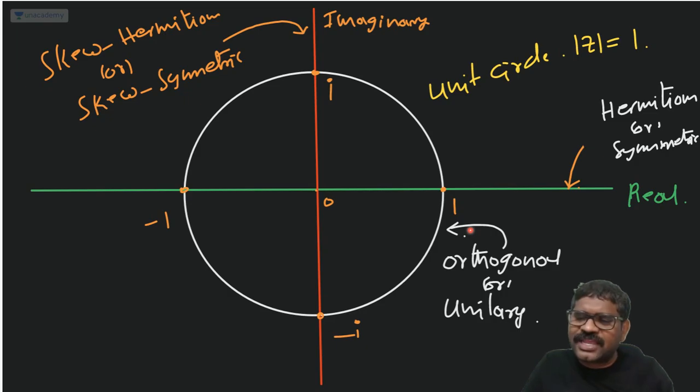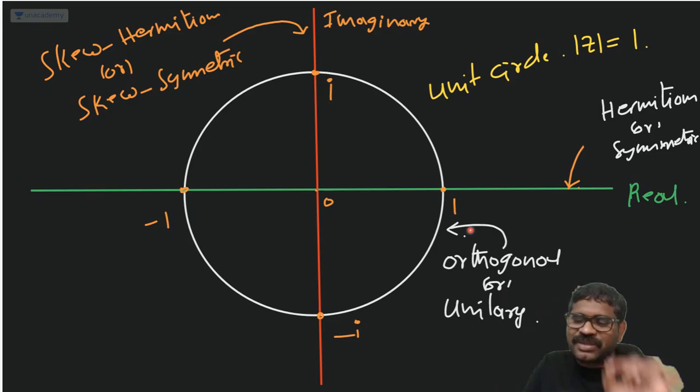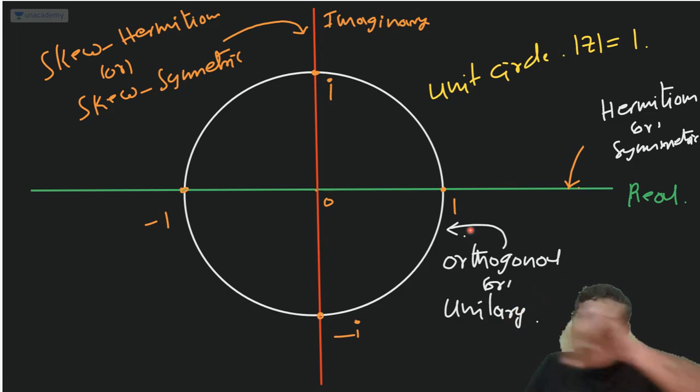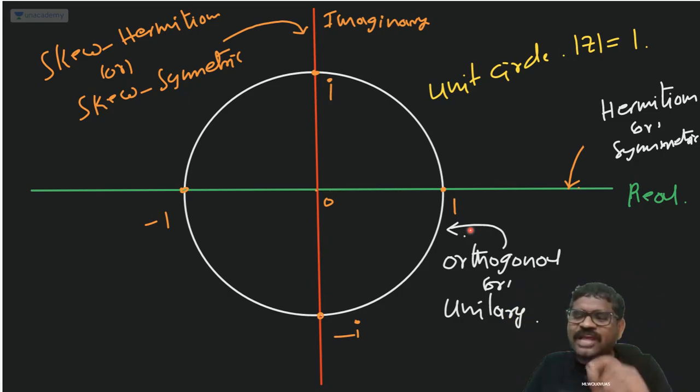Option C, skew Hermitian. Option D, orthogonal matrix. Like that, any such type of question is given, just identify that eigenvalue in the circle concept, whether it lies on the boundary of the circle or on the real line or imaginary line. Based on that, you can answer the question very easily. Understood?